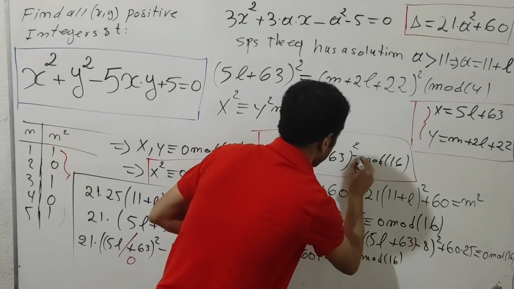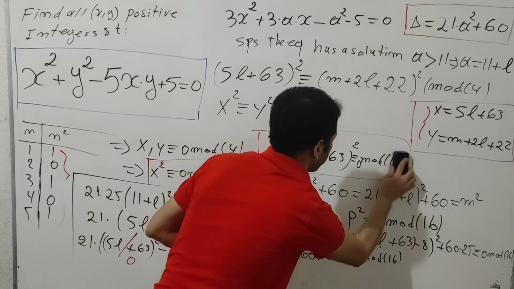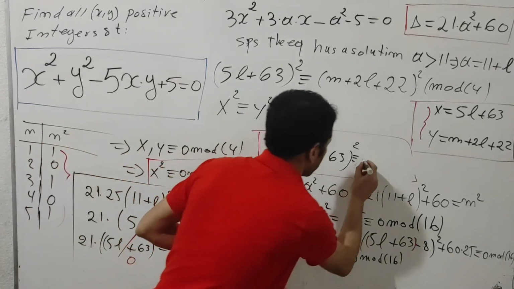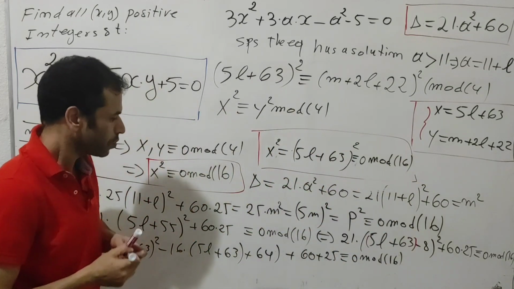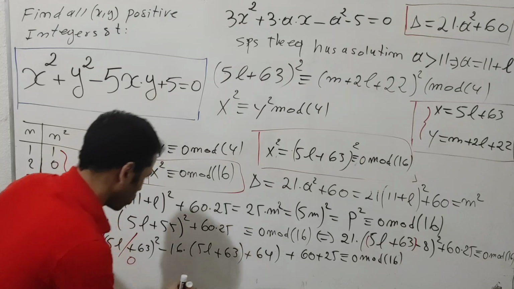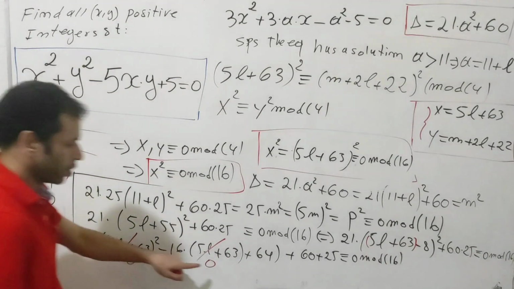I forgot to put here, when we replaced this one with this one, 0 mod 16. So this one is 0, and also this one is 0 because we have 16 here.